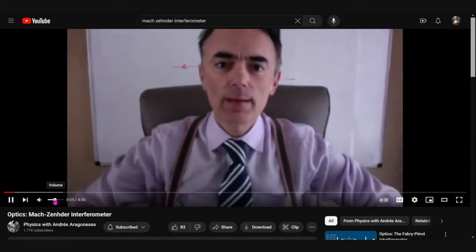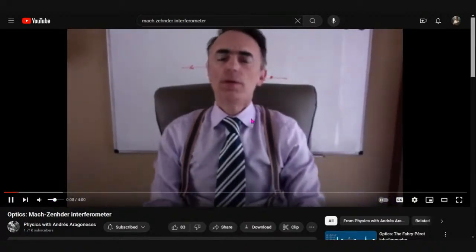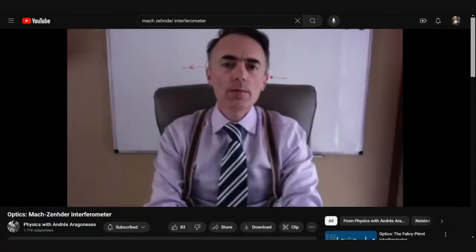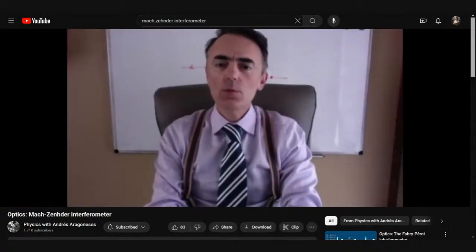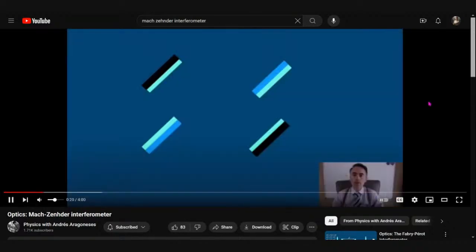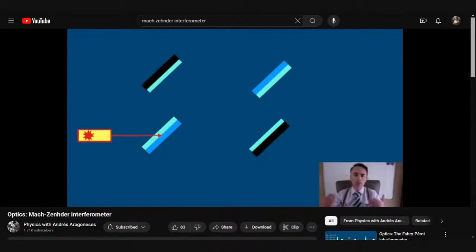Hi, welcome back. Let's do some more interferometry. The Mach-Zehnder interferometer has two inputs and two outputs. Light from one single source is emitted into the interferometer. A beam splitter splits the light from the source into two different paths. These two paths then recombine light later via a second beam splitter.